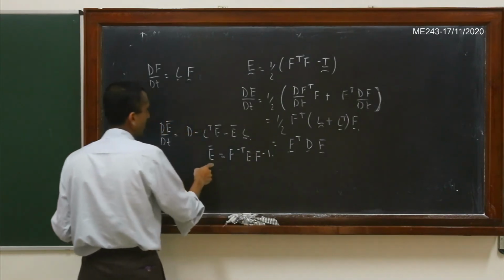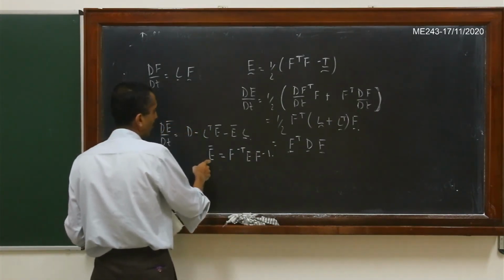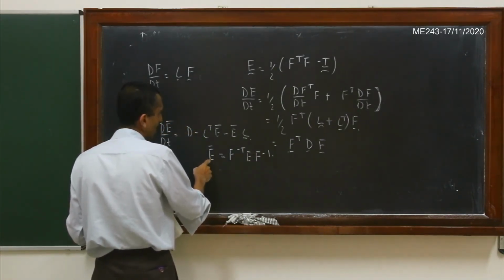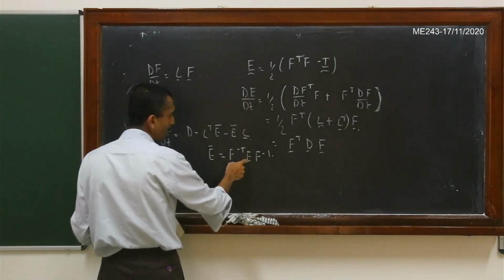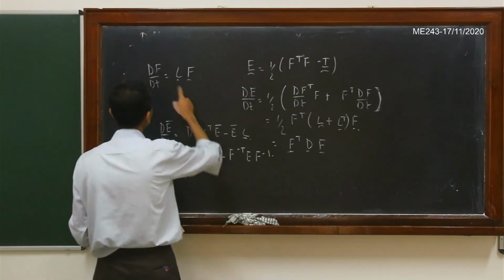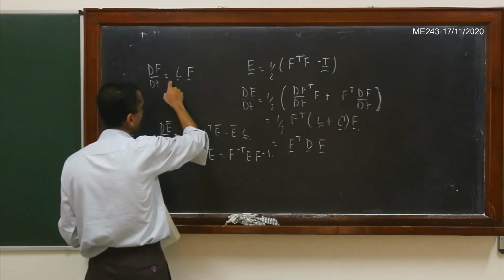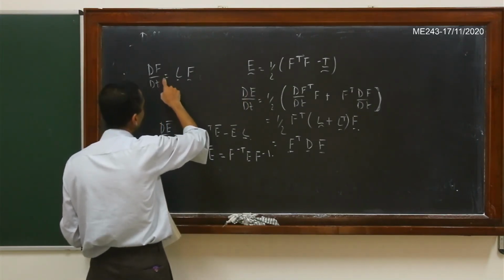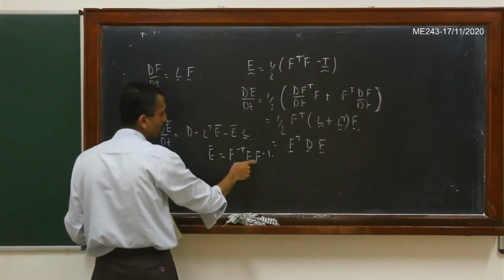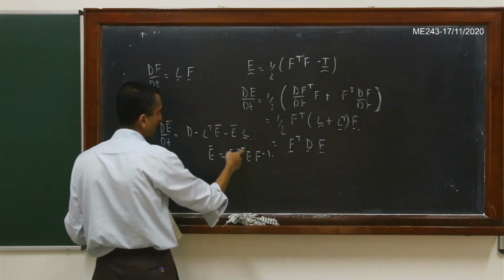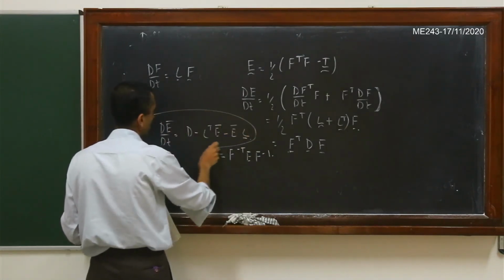And so if you take the material derivative dE bar by dt, we have already derived what dE by dt is, and from the second relation we have dF by dt, and we had also derived one relation for dF inverse by dt.